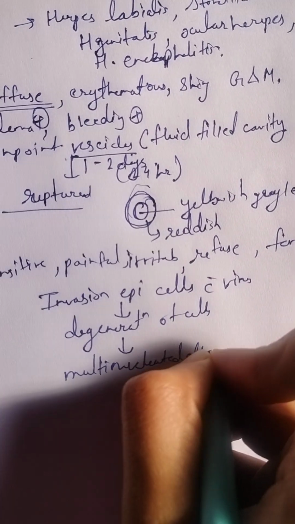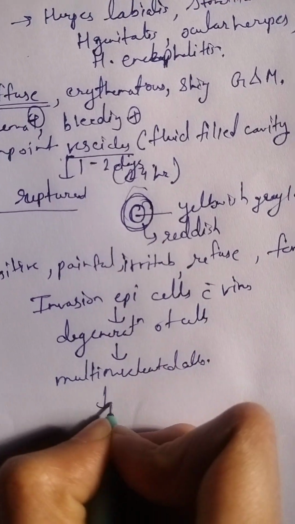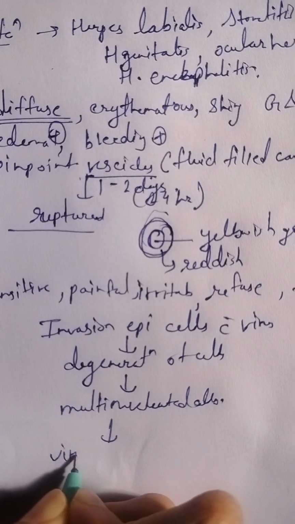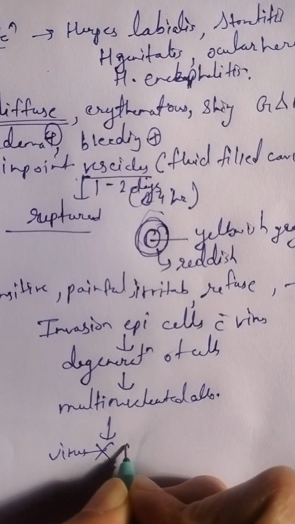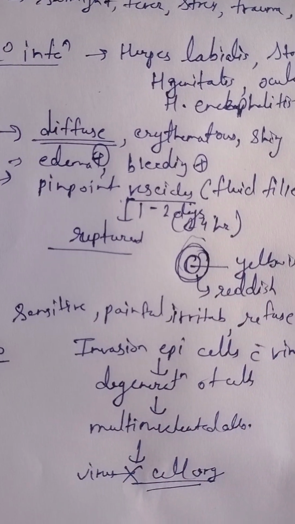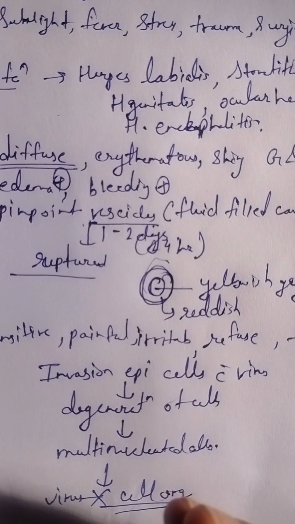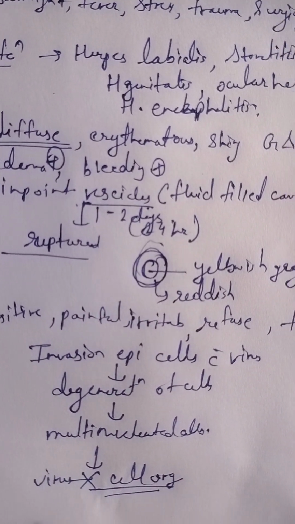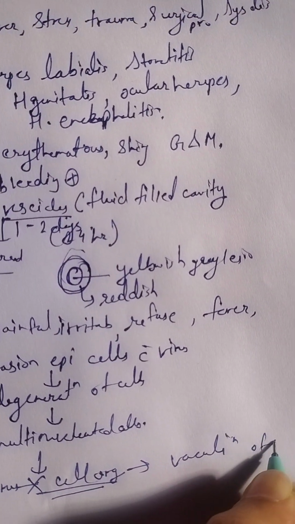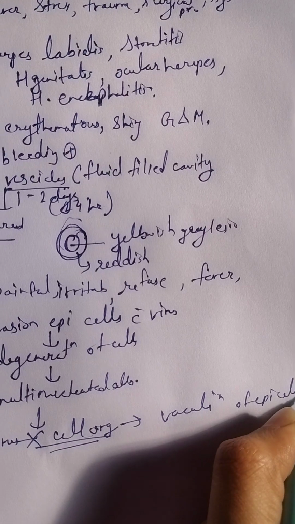The virus destroys the cell organelles. Then vacuolization of epithelial cells occurs.